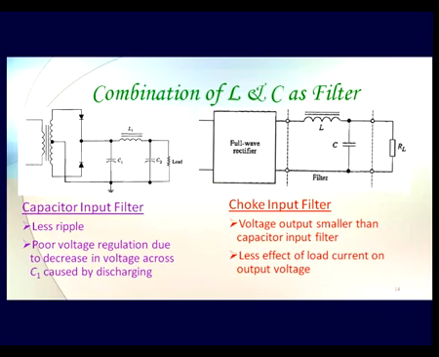But if there is any change in the load current, then the effect of that change will be very less on the output voltage. So output voltage will be quite stable irrespective of change in the load conditions, because in case of the capacitance filter, if you remember, the load change was affecting the discharging time of the capacitor. But in this case this is not going to be the case, and so we are going to have lesser effect of the change in the load on the output voltage.